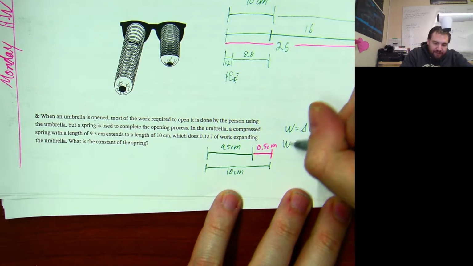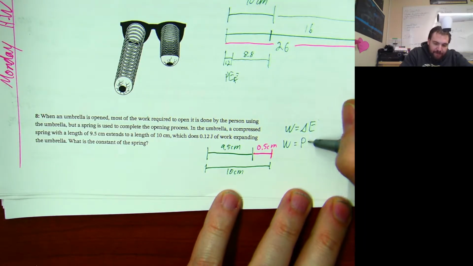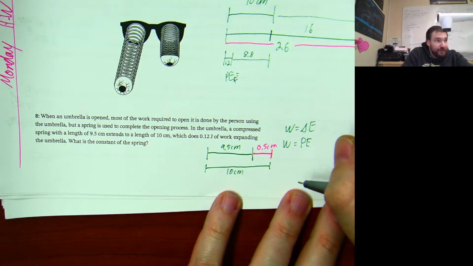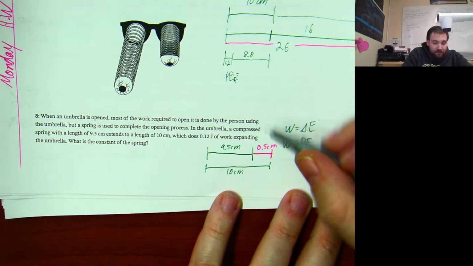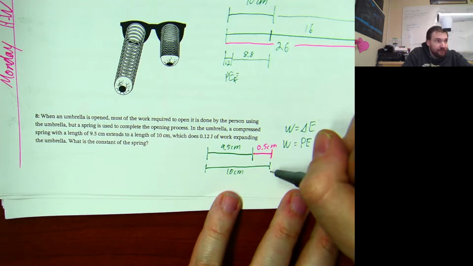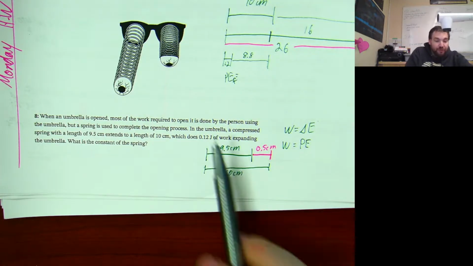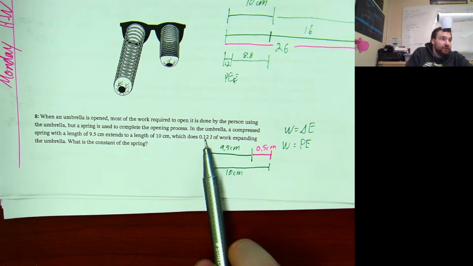So work is equal to potential energy, and then after it's stretched out, there's going to be no final energy, right? Because the potential energy has been allowed to turn into useful joules of work.